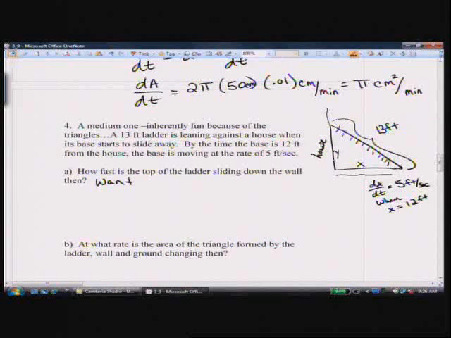How would you tell that in mathematical terms? What would you call that? dy dt. Good. They want dy dt when dx dt equals 5 feet per second and x equals 12 feet.